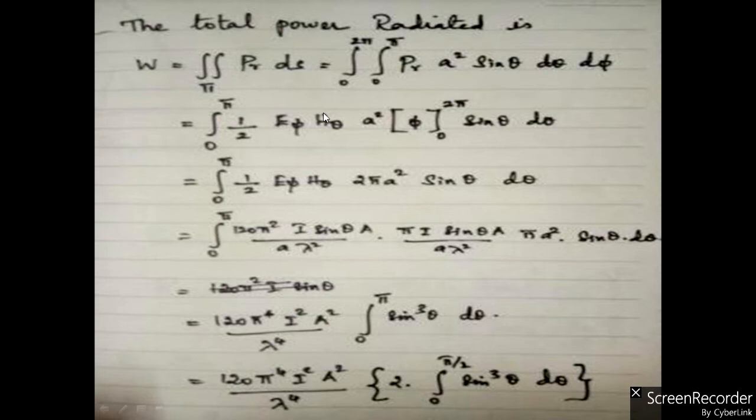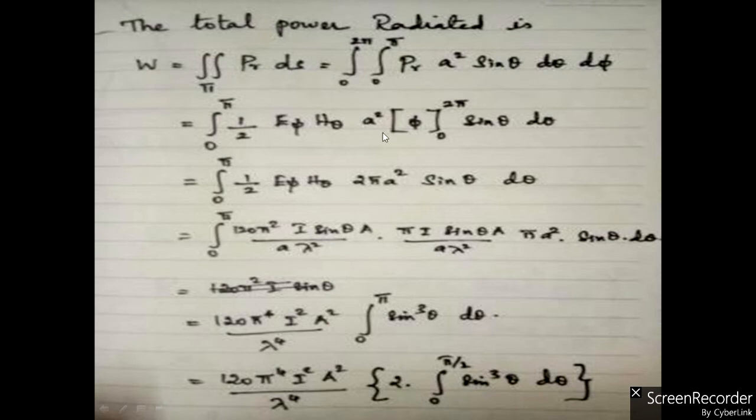Now we calculate the total power radiated. This is the equation which we have seen even in the dipole antenna. The total power radiated is the integral over the surface of the average power radiated into ds. Average power radiated is half into E phi into H theta, and ds is sin theta d theta d phi.